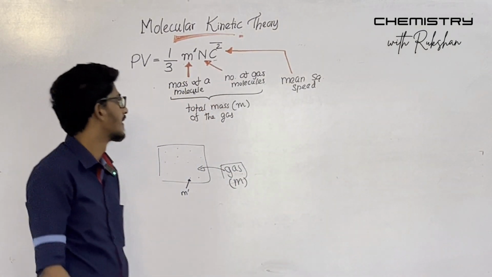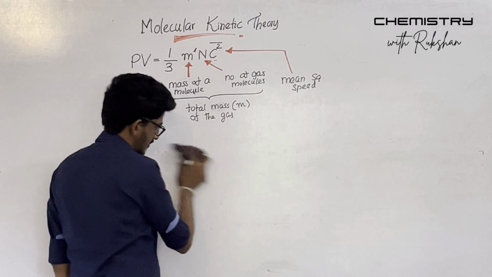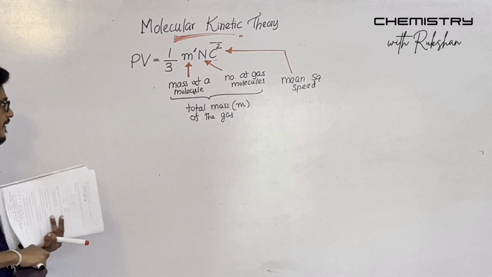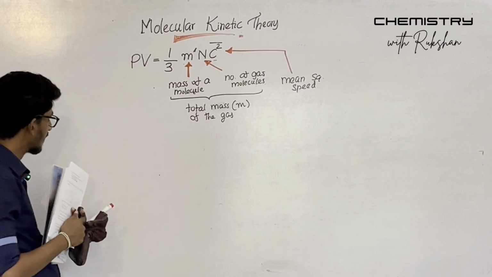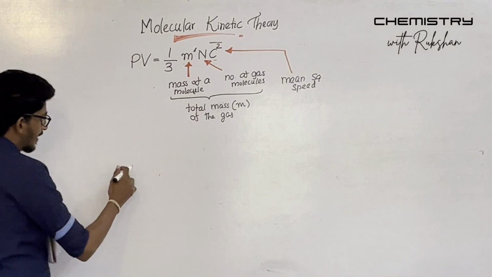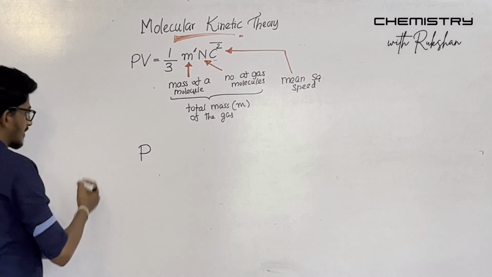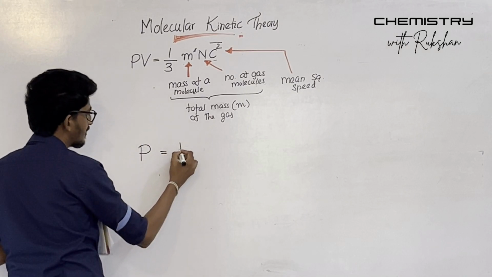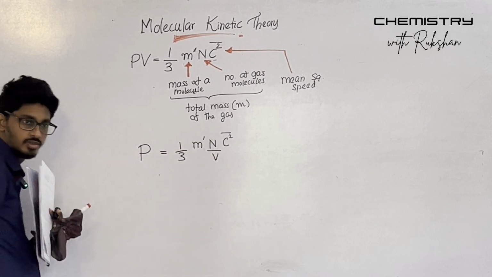So then let's discuss the importance of this equation. What is the importance of this equation? Actually, this equation explains the pressure. If you make pressure the subject, it will be written like this, no?